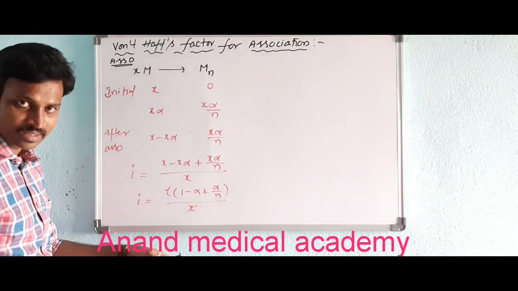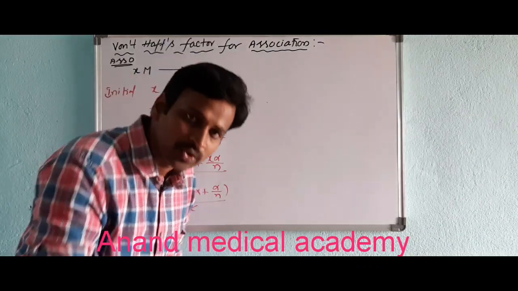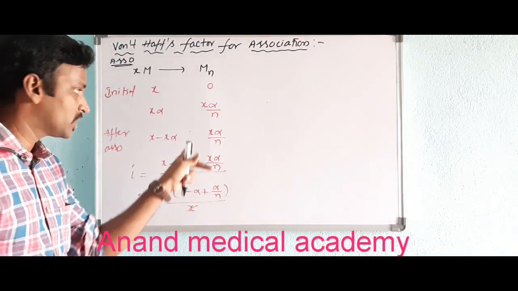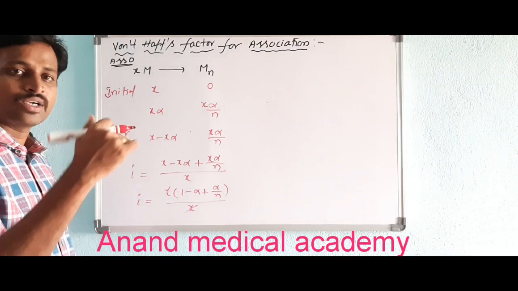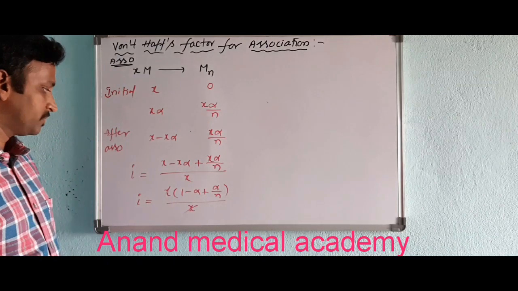X cancelled or not, tell me. So simple thing: for dissociation you will take n alpha. For association you have to take alpha by n. For dissociation n alpha. For association alpha by n.